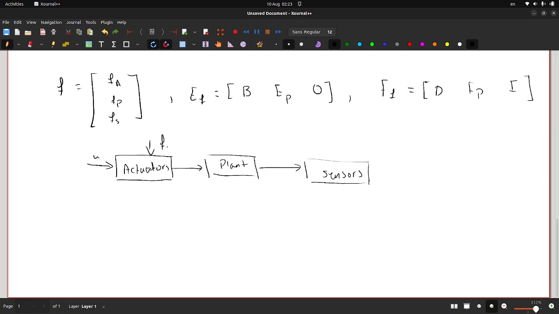Of course, as we know, we have faults here, F_A, F_P, and F_S. Our goal in fault tolerance and fault control is to generate a residual.